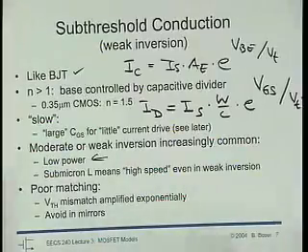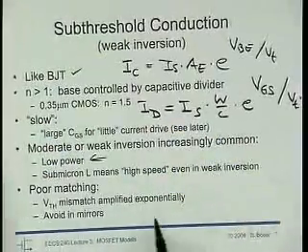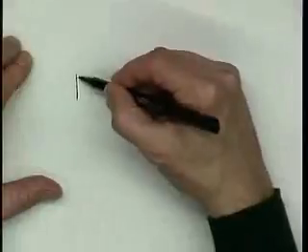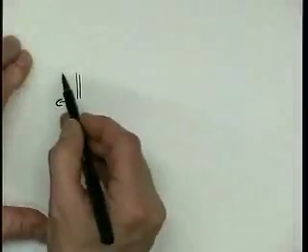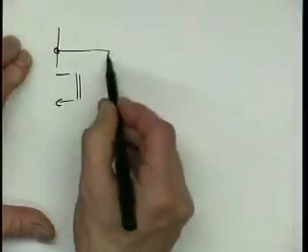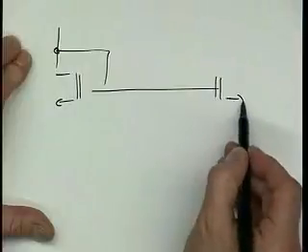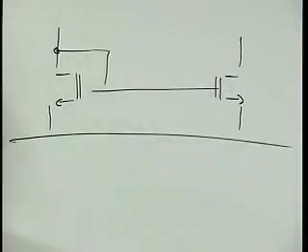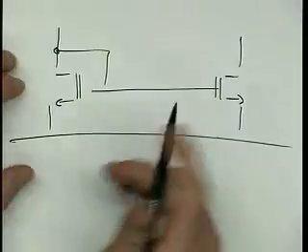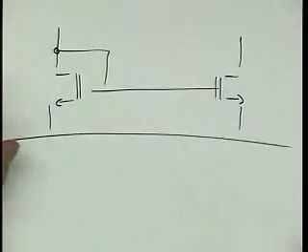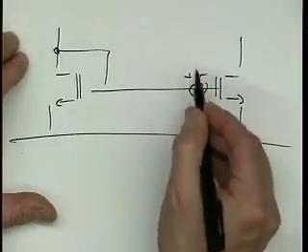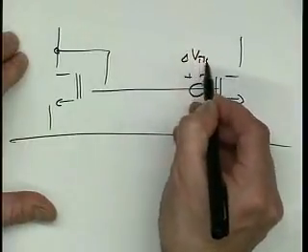There is a disadvantage that is not specific to weak inversion, but to this exponential law. So we got to be a little bit careful, and that is that suppose we wanted to build a mirror, something like this, right? Okay. And now, let's say that these two devices, they ought to have the same threshold voltage, but they don't quite have the same threshold, right? There is some delta VTH, right?